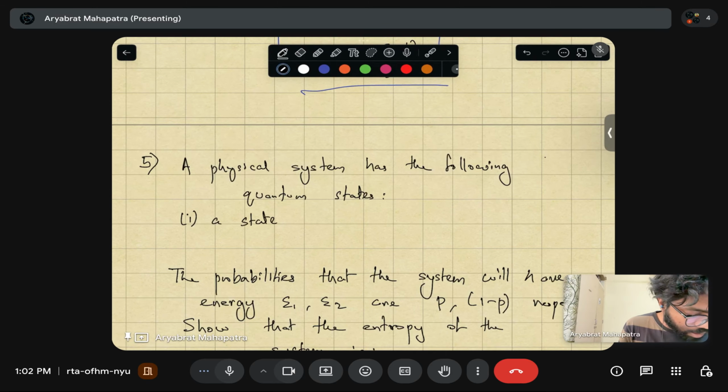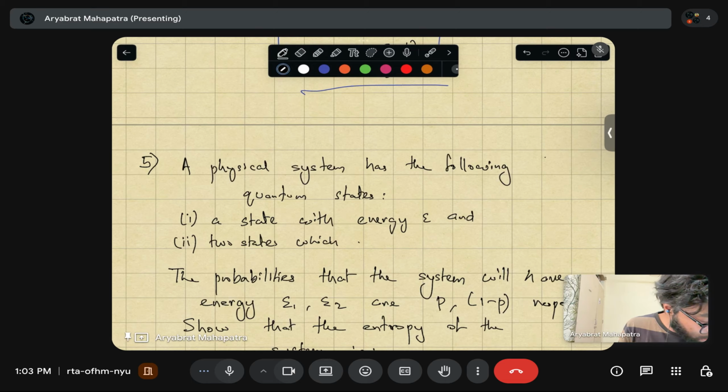So let me just rewrite the thing which I wrote earlier. You have a system with the energy state epsilon 1, and further you have two other states which are equally likely with common energy epsilon 2.